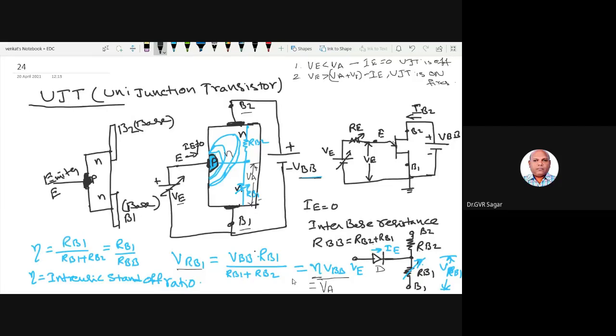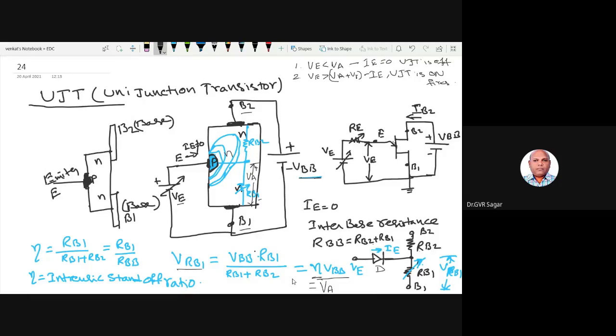So the entire current IE flows from emitter to base 1 only, not to base 2. That's why the arrow mark is showing towards base 1. This facility is not there in the FET, where it is just an arrow mark. But in the UJT, we are showing this arrow mark towards base 1. That is the difference. You have to remember, right?